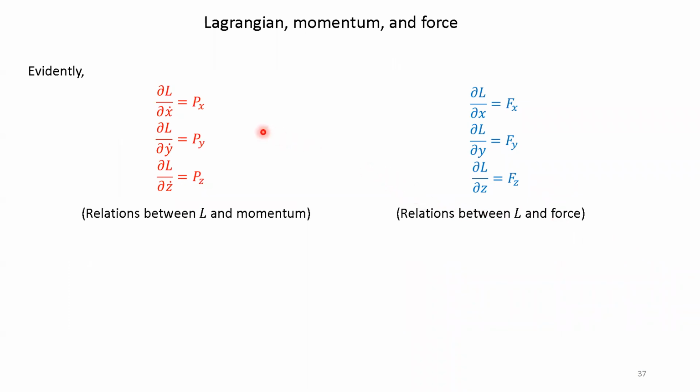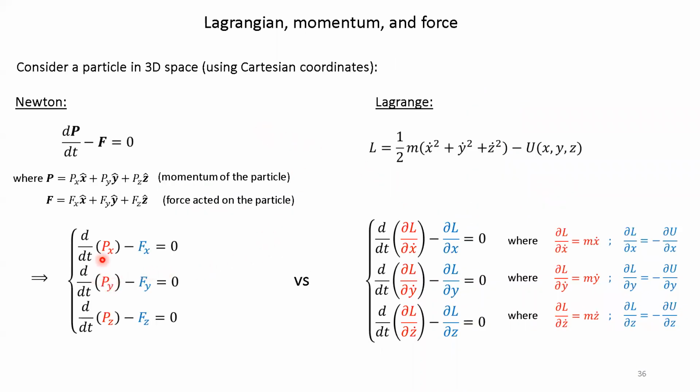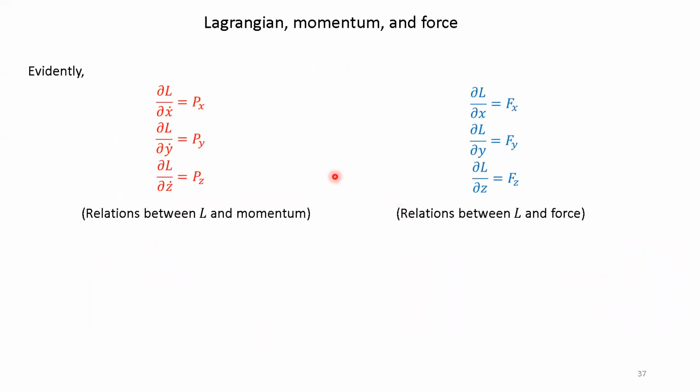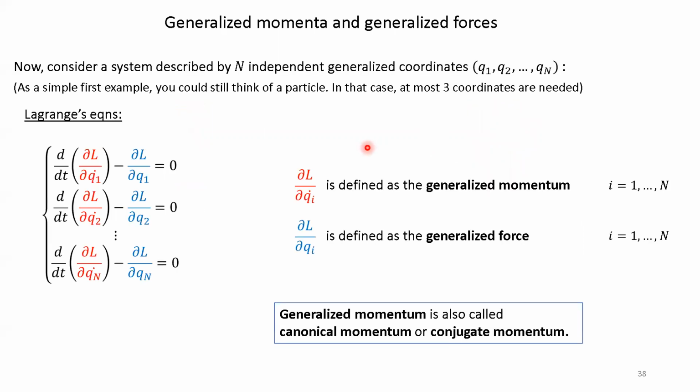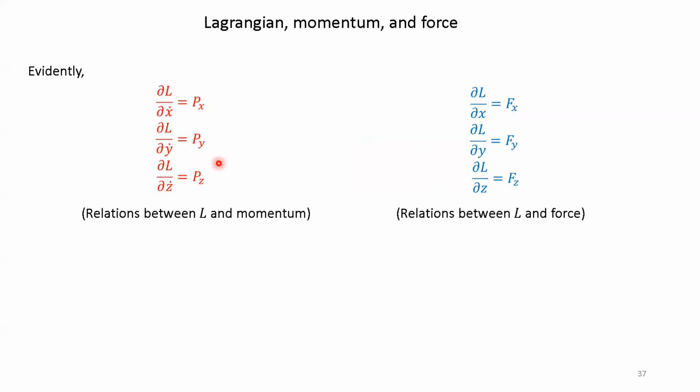So if you just compare the left and the right, you will see that these derivatives give you momentum, and these derivatives give you forces. Nothing's new, so let's just compare term by term. Momentum and force: the definitions of momentum and force are still the same.